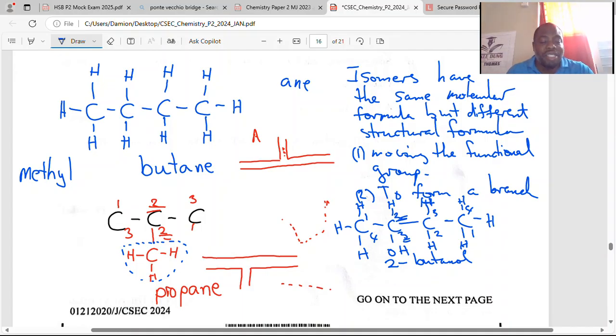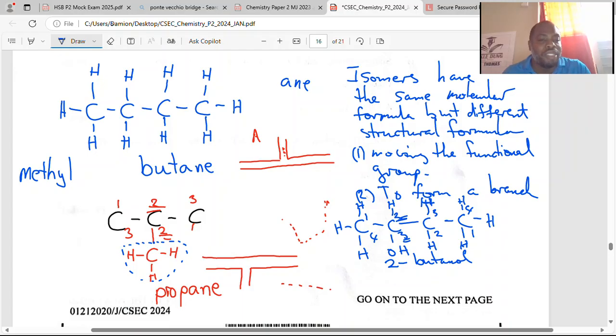So I can't just leave this and say propane and not tell them, because again, isomers should have the same molecular formula. Which brings me to another important point. Just because this isn't a part of the longest chain doesn't mean that you don't take it into consideration when you're calculating how much carbon there is.